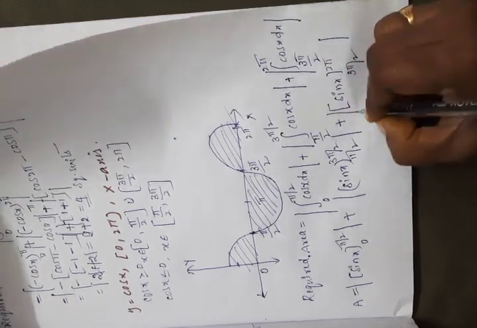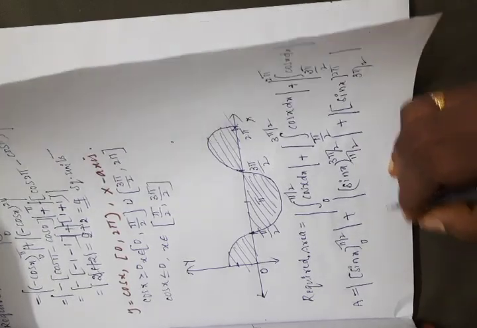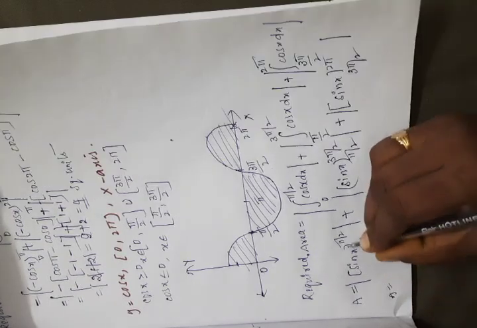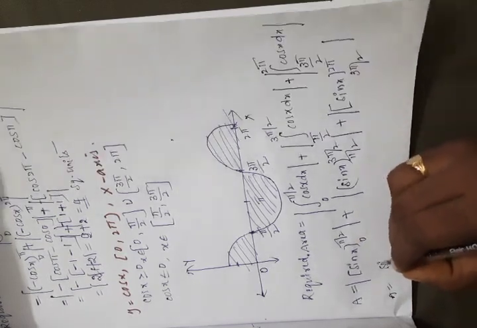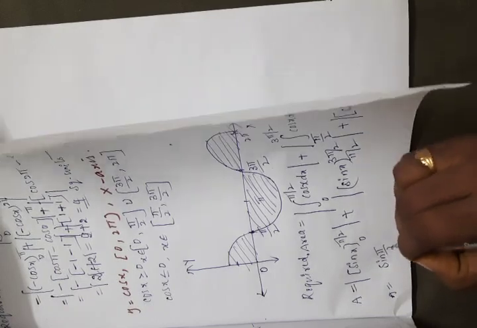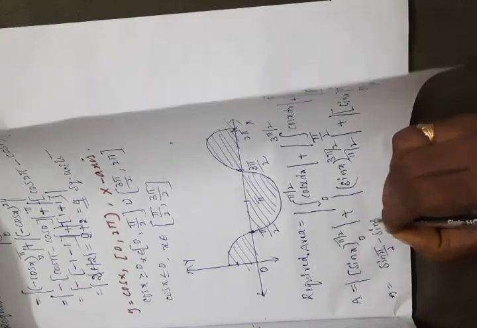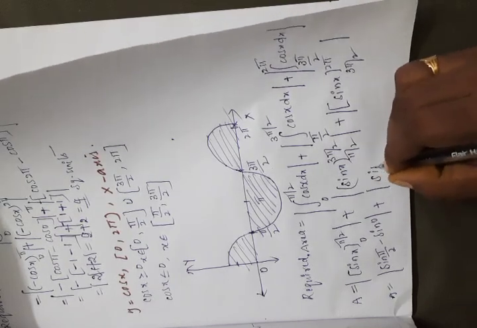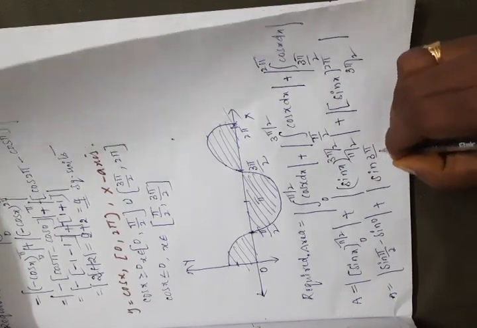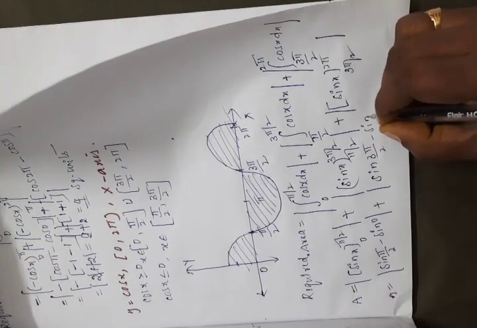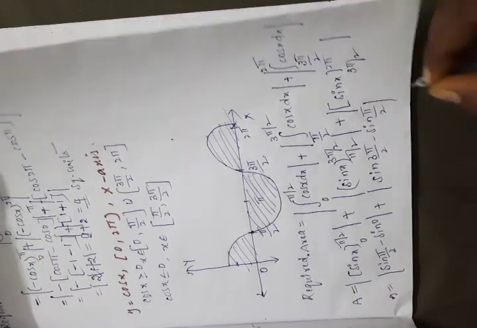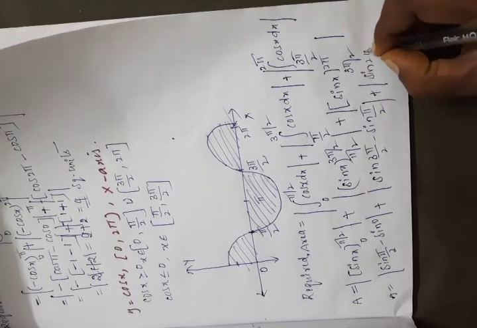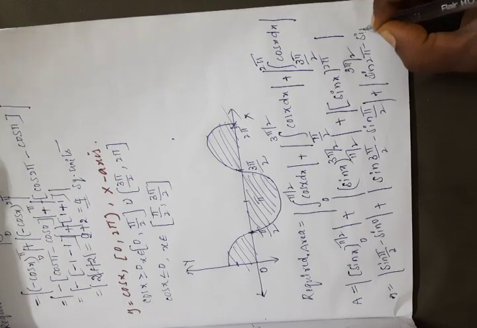Now you have to apply the limits as follows: upper limit minus lower limit. So A is equal to sin 90 minus sin 0, plus sin 3 pi by 2 minus sin pi by 2, similarly plus sin 2 pi minus sin 3 pi by 2.